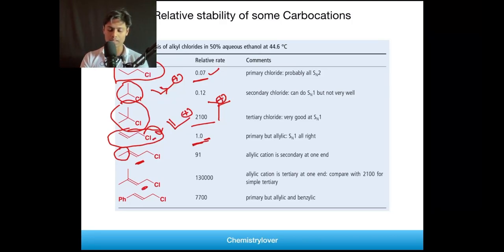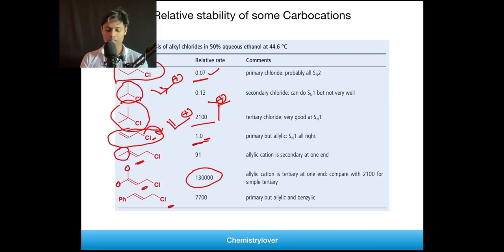In this case you can see it is also allylic and you are putting 2 methyl groups, so the stability of the carbocation increases much more and you are getting a tremendous 130,000 fold increase in the reaction rate.